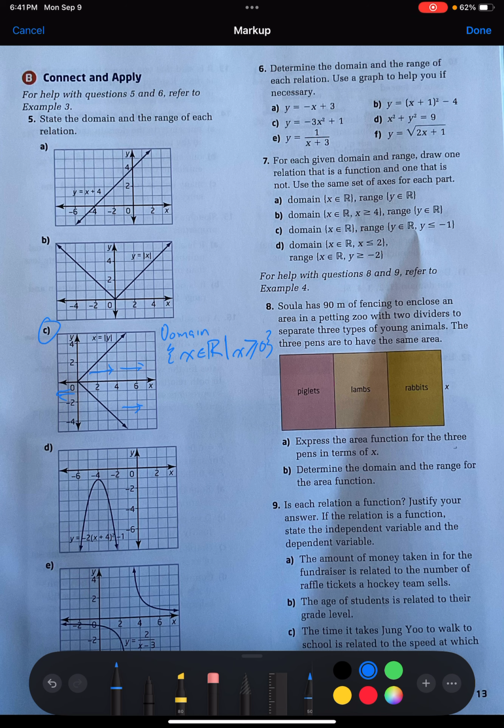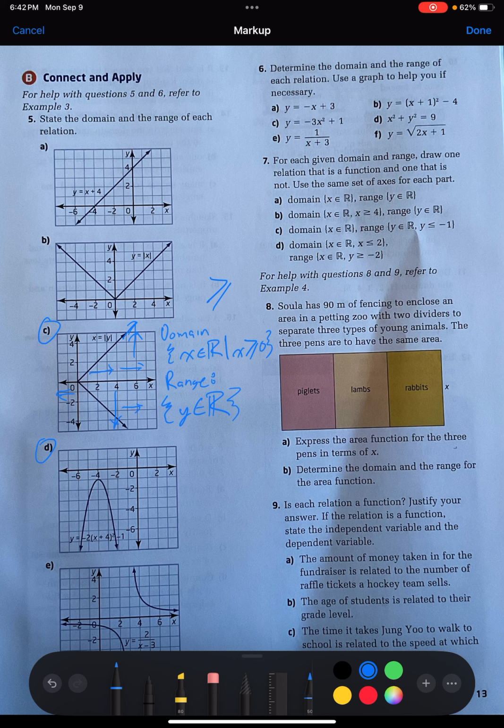Okay, greater or equal. This is the greater or equal sign. What about the range? The range is a set of y values element of real numbers. Now, can y be anything? Yes, it can. It literally goes forever in both directions. Therefore, that's all we need to do for range.